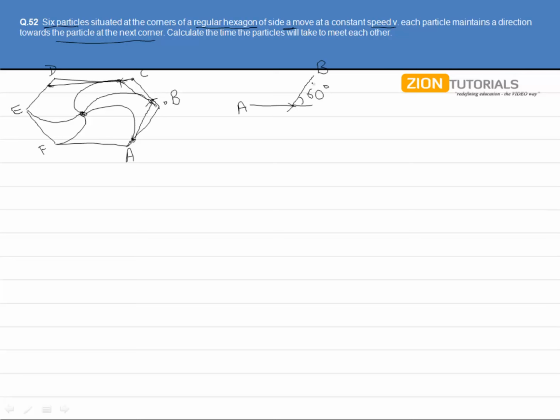Taking the velocities like this, we can find the velocity of A with respect to B, which will obviously be velocity of A minus velocity of B. Notice that these are all vector quantities, so we need to subtract them accordingly. So we get V minus V cos 60 degrees, giving us V by 2.